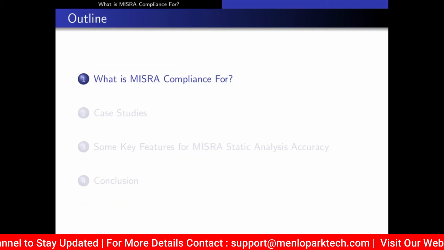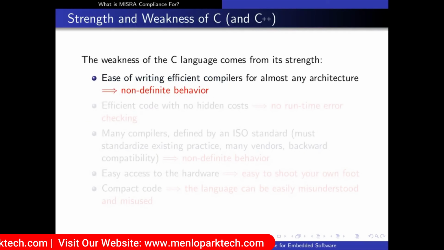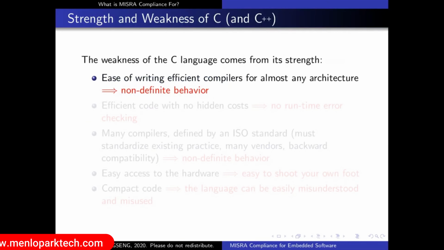So let's start with what MISRA compliance is for. The C language has several good, strong points, which are countered by matching weak points. For example, the ease of writing efficient compilers for C for almost any architecture is the same reason why we have non-definite behavior in C. So the semantics of the C language, and the same thing is true for C++, is not completely defined.